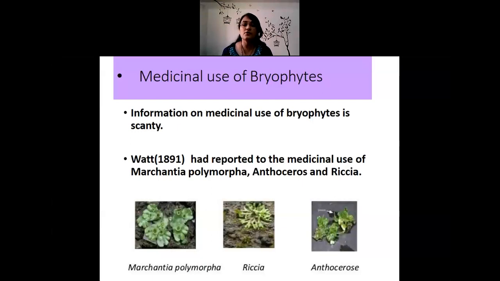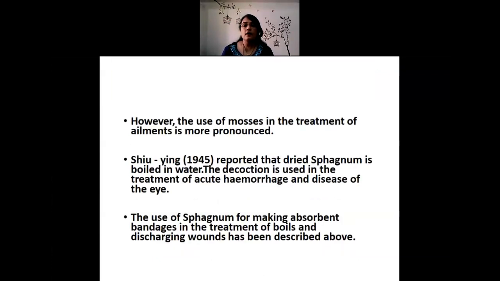Coming to the other uses of bryophytes in various fields, like the field of medicine, the information is less, but still they are used. It has been reported that Marchantia polymorpha, Anthoceros, and Riccia have medicinal uses, and mosses are used in the treatment of ailments and skin diseases.